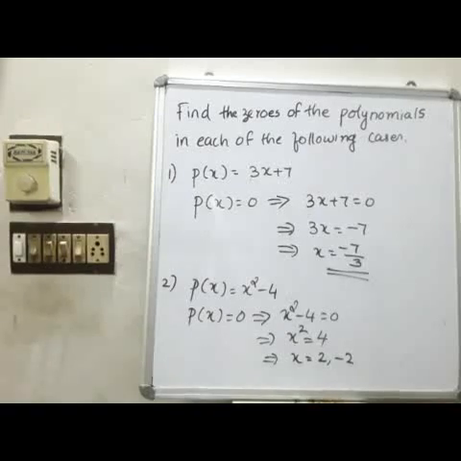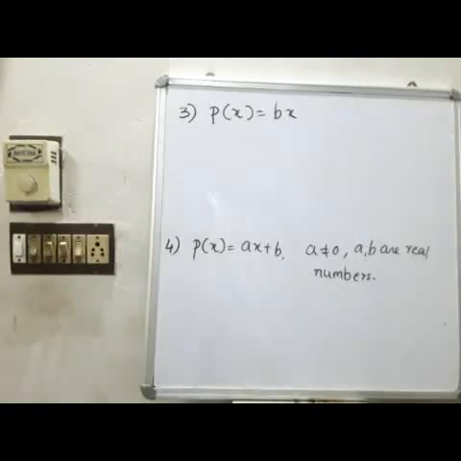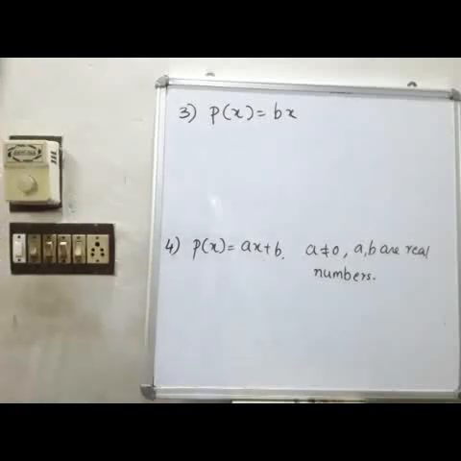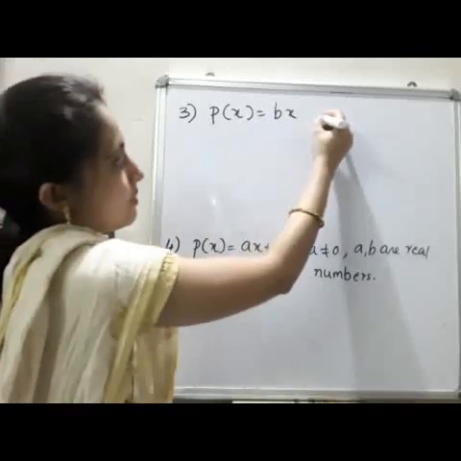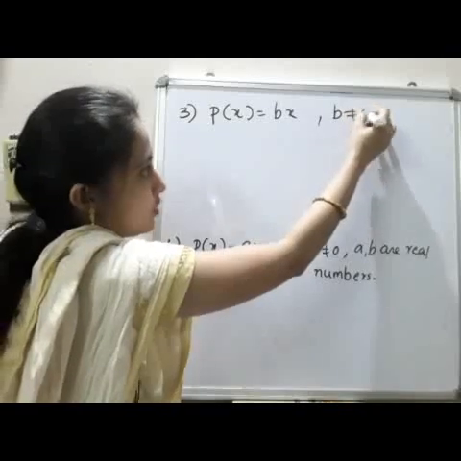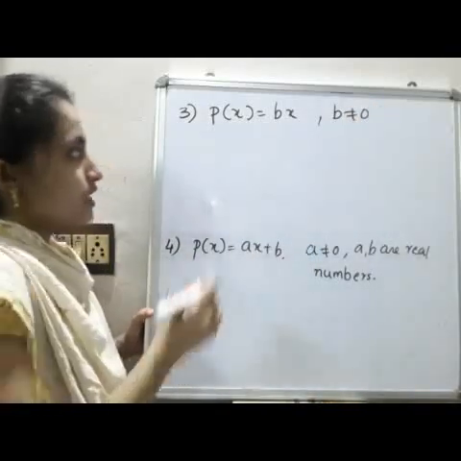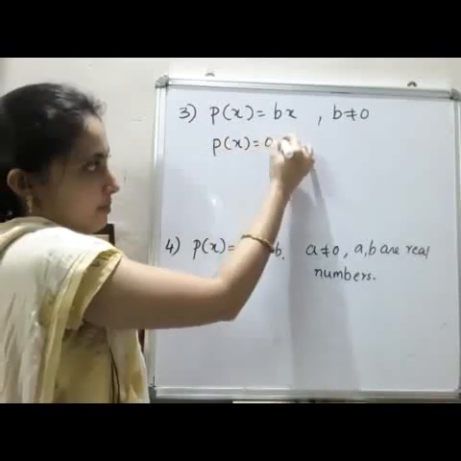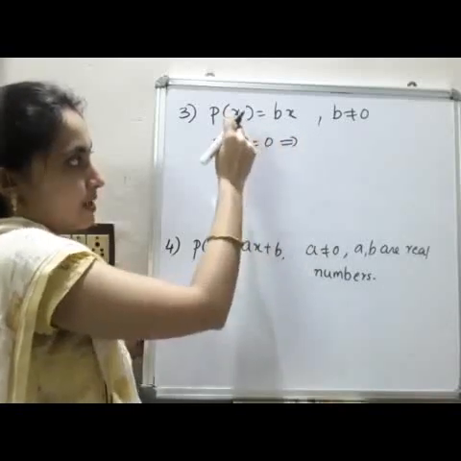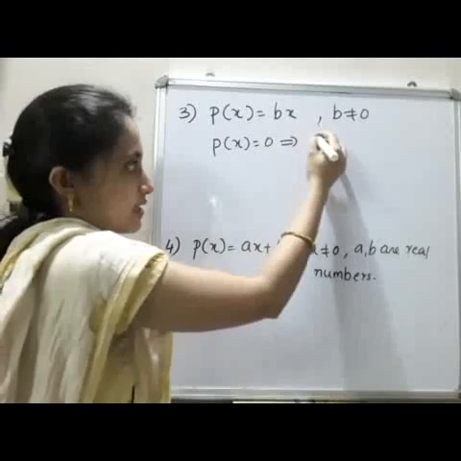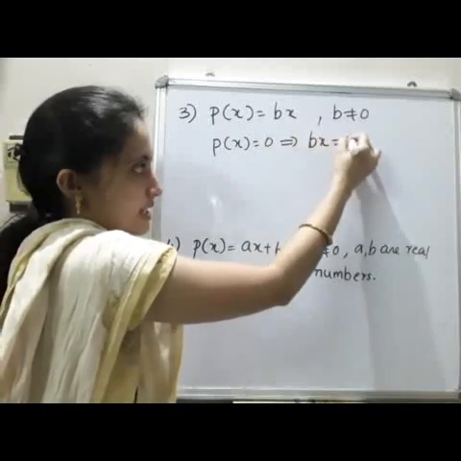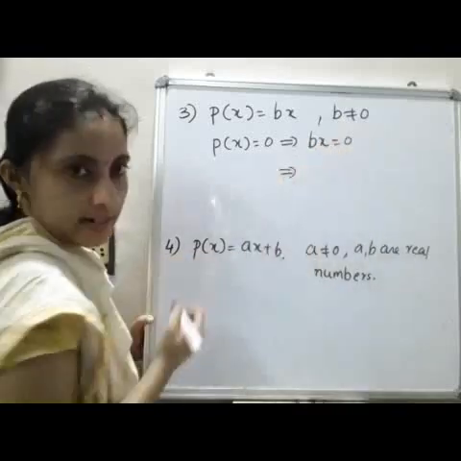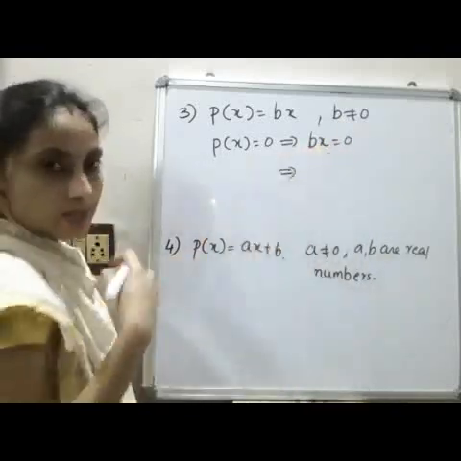So, please write down. Next question is p of x is equal to bx, and one more condition is there, b not equal to 0. Okay. So, what is the first step? Yes. P of x is equal to 0 implies bx will be equal to 0. Since b not equal to 0, what becomes 0?